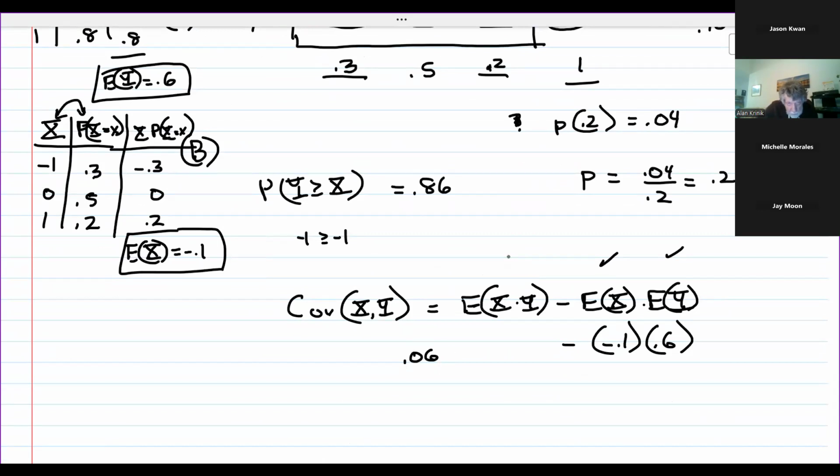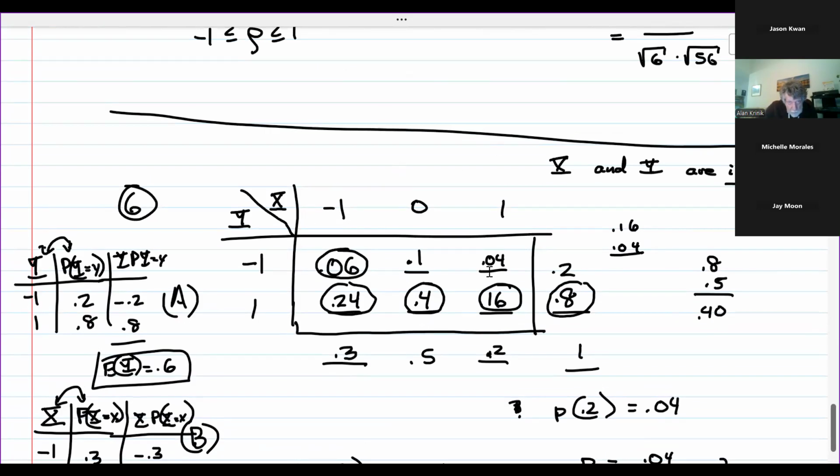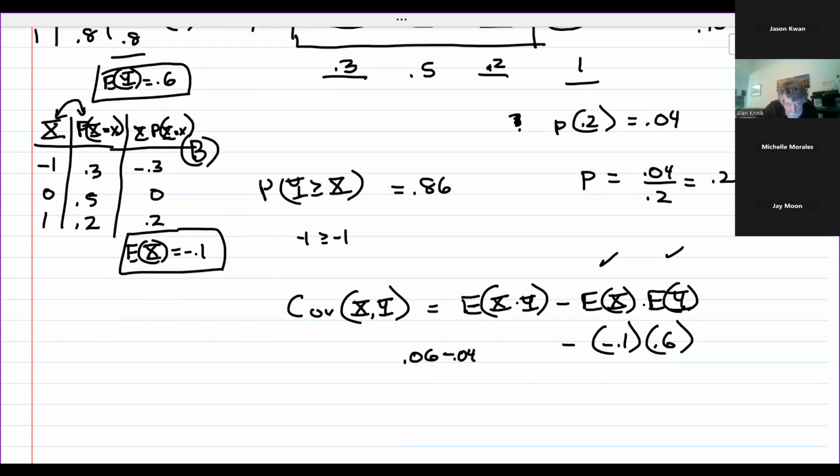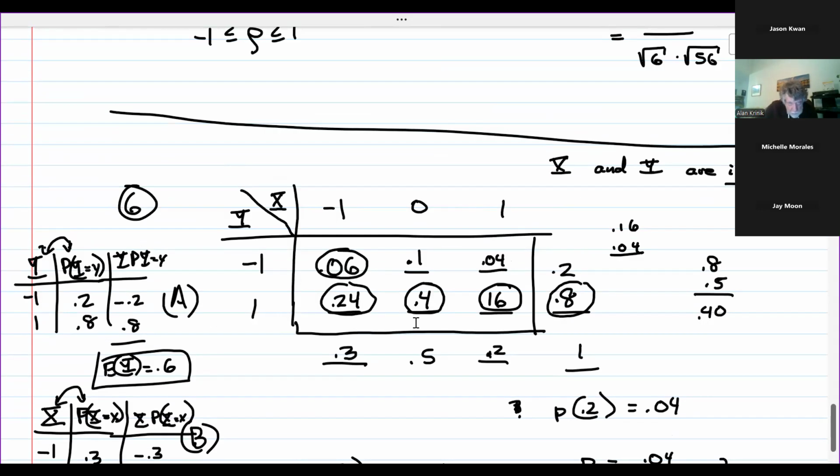Are we done? No, that's just the first row. 1 times -1 times this would be -0.24. What's next? 1 times 0 times this is nothing. No contributions, and 1 times 1 times, that's not really a 16. What is it, a 0.16, I think? Yeah. Remember, everything in here has to be a probability.